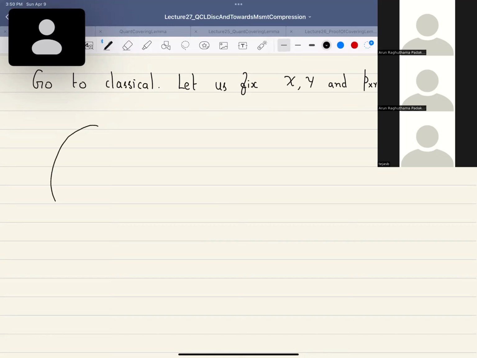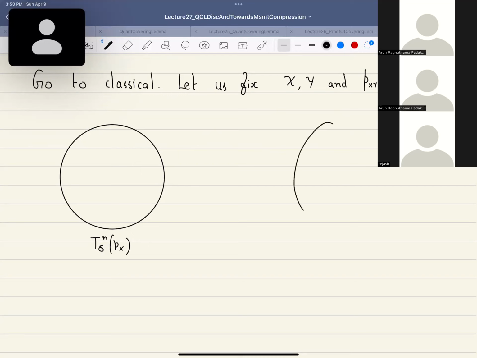Let this be the typical set of P_X. X^n is a big set, but T_delta^n of P_X is the set. Let this be the typical set of Y. So there are all these points here. These are all the typical X^n's. There are 2^(nH(X)) of them.